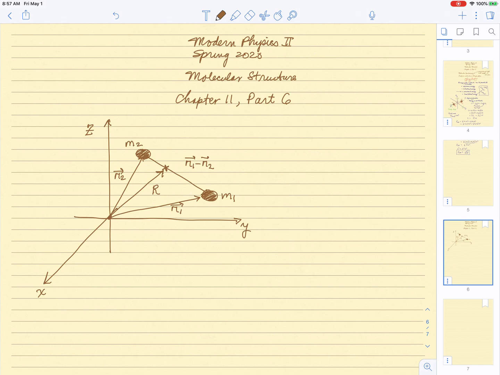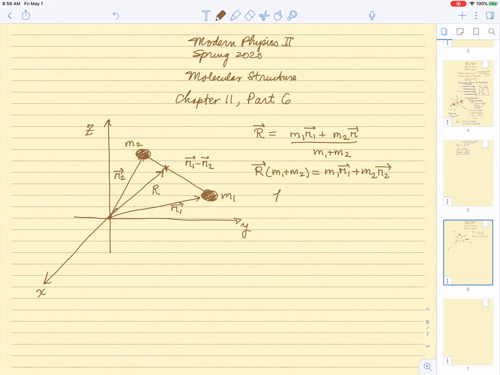So let's keep in mind here that the center of mass is going to be equal to M1 R1 plus M2 R2 over the sum of the masses, which means then that R times M1 plus M2 is equal to M1 R1 vector plus M2 R2 vector.